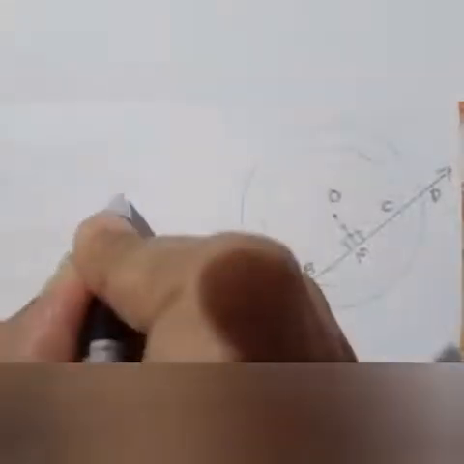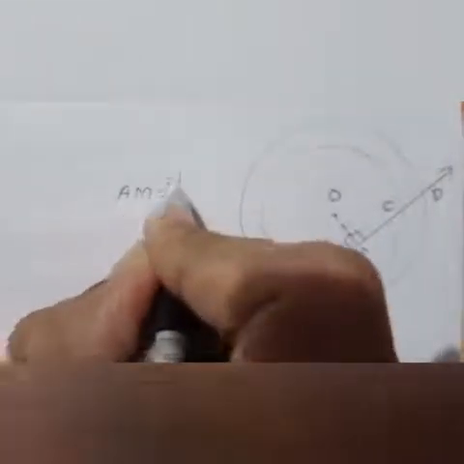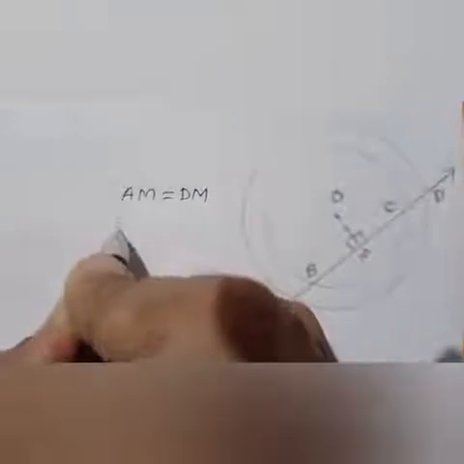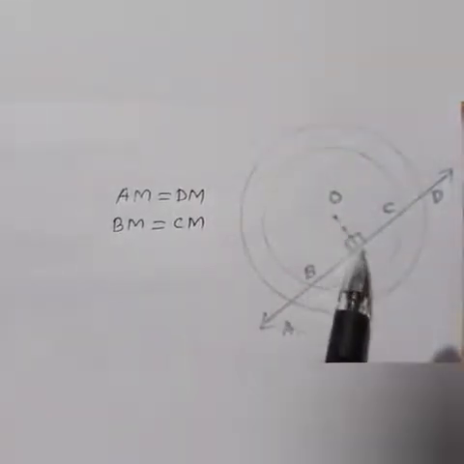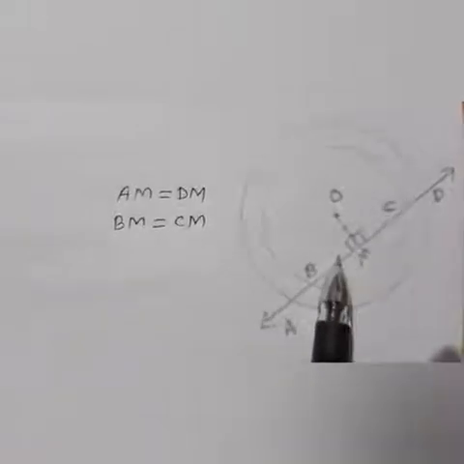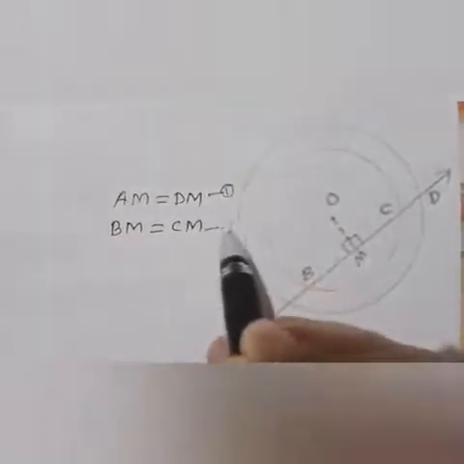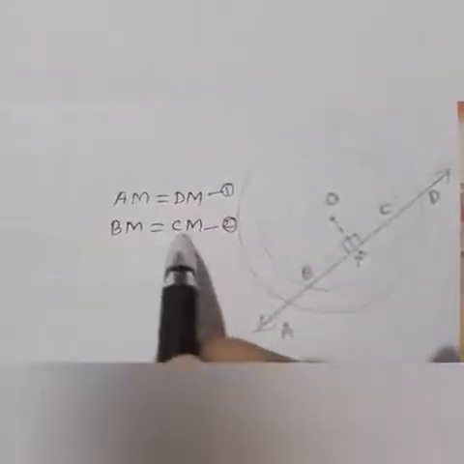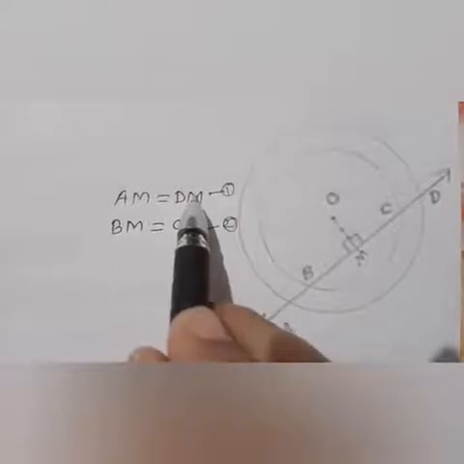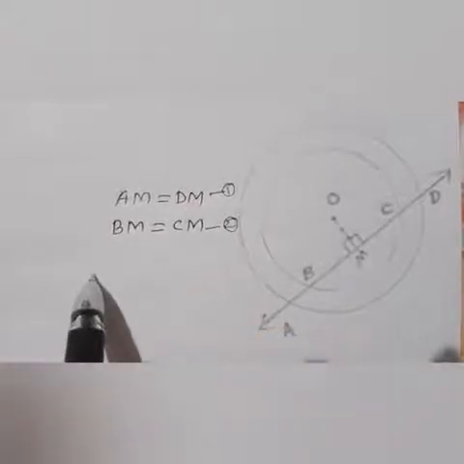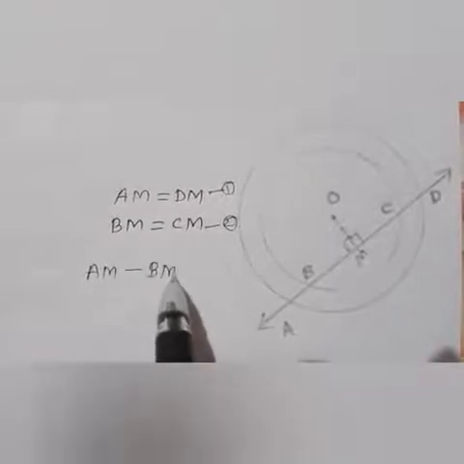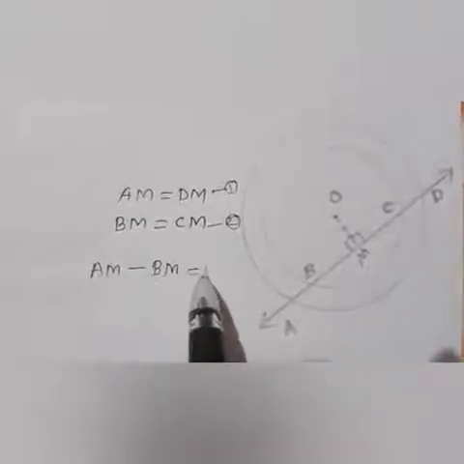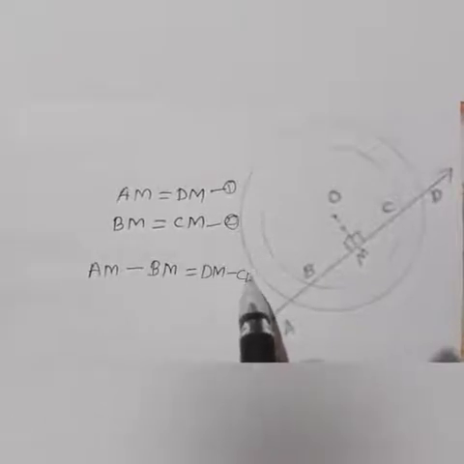That is, AM equal DM and BM equal CM, since a perpendicular drawn from the center of a circle to a chord bisects the chord. So this is equation 1 and this is 2. Subtracting 2 from 1, AM minus BM equal DM minus CM.